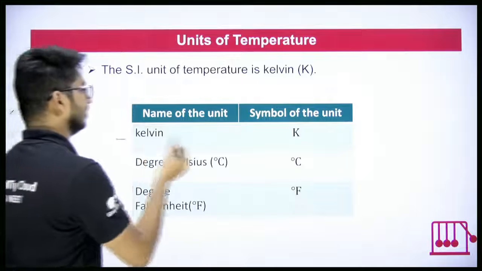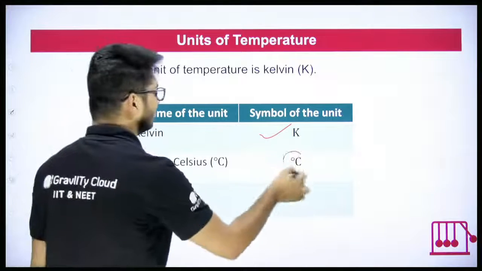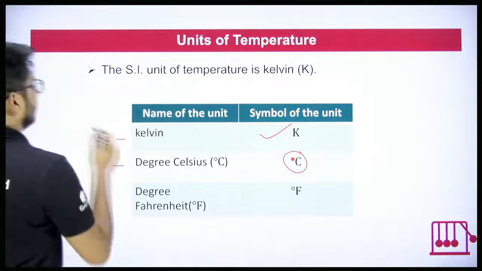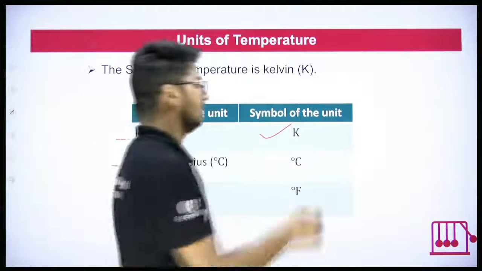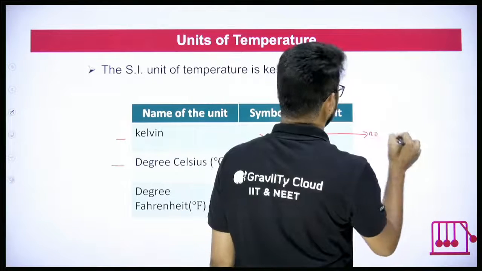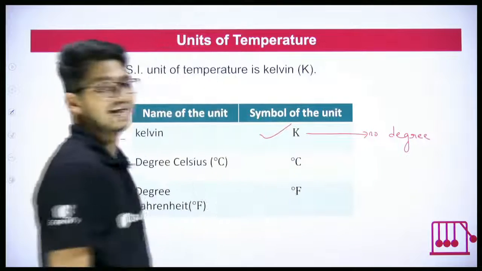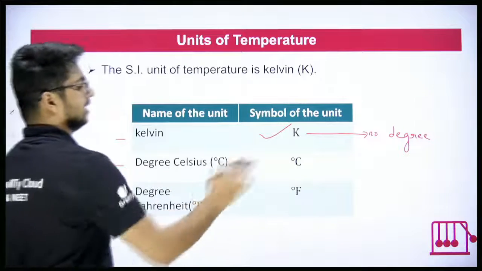Now we have other units also. See, for Kelvin, the symbol is capital K. For Celsius, we have what? Degree Celsius. Do not forget this degree. This is important. When you write it down, the degree is very important. For Kelvin, no degree. It's a very important thing. For Kelvin, we have no degree, but for Celsius and Fahrenheit, there is a degree. So degree Celsius, degree Fahrenheit.